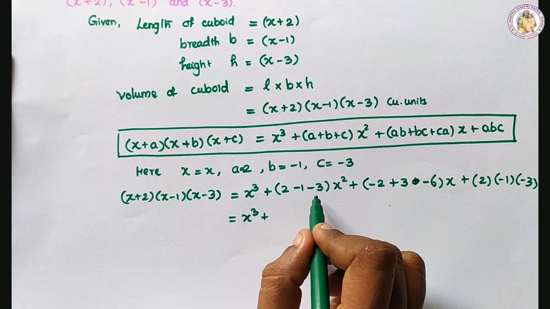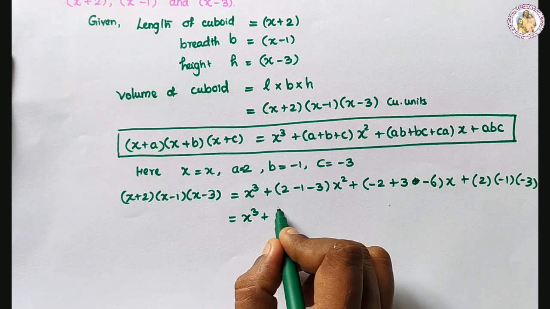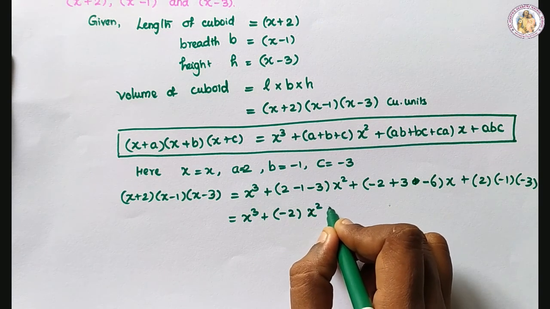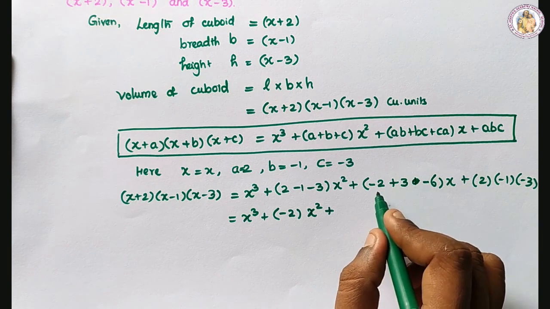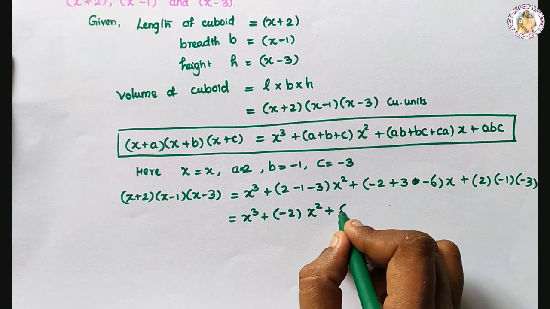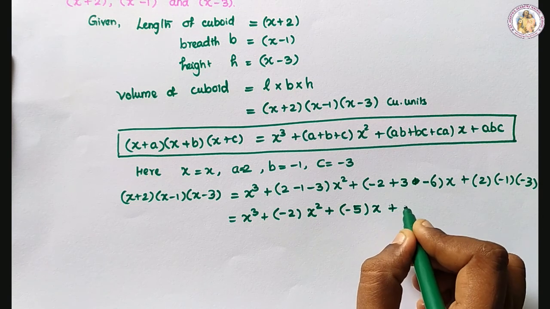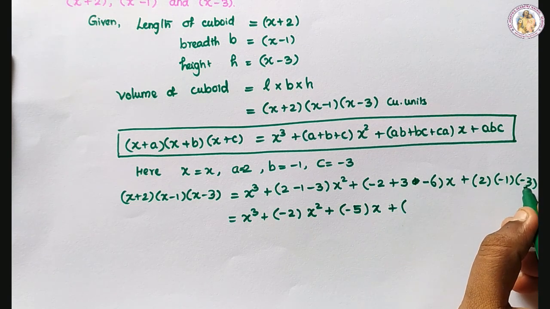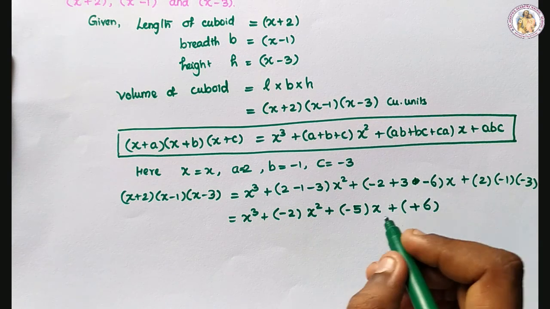So we have to add this with the same sign, minus 4 plus 2, we get minus 2x squared, plus here minus 6 minus 2 minus 8 plus 3, so minus 5x, plus into minus minus minus into minus plus 2 3s are 6.